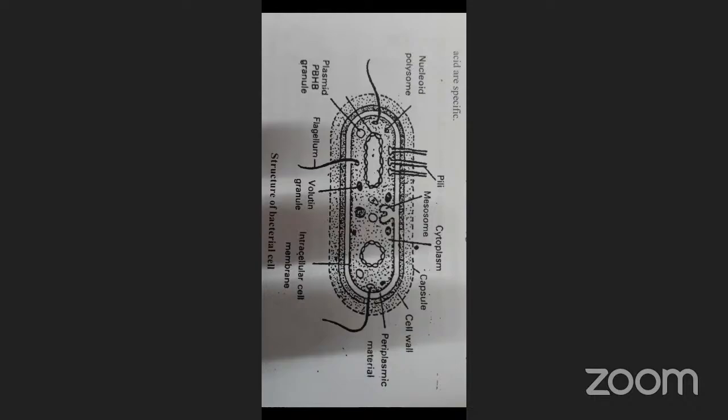They consist of two subunits, 50S and 30S. Generally, ribosomes are of two types: 70S and 80S.